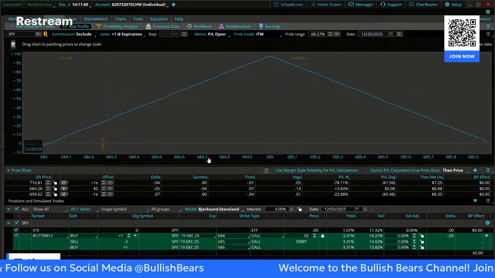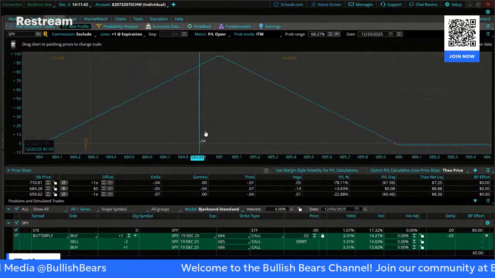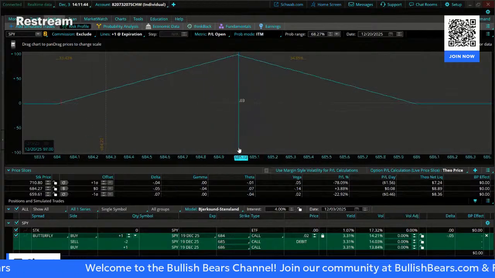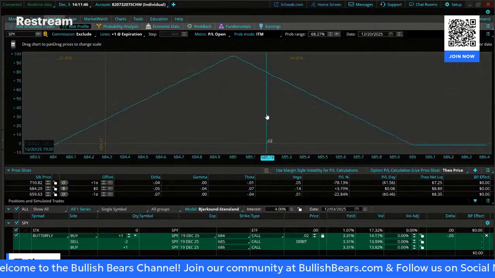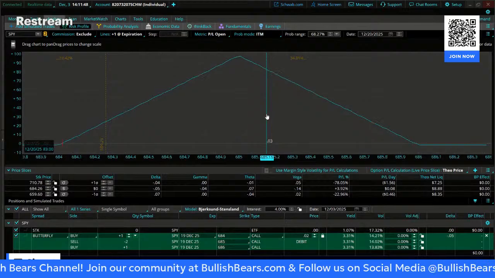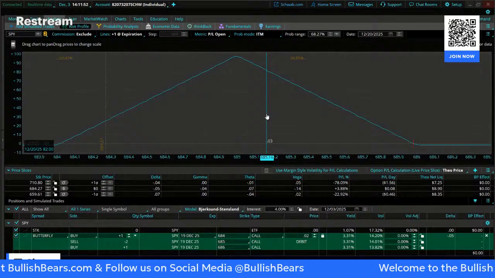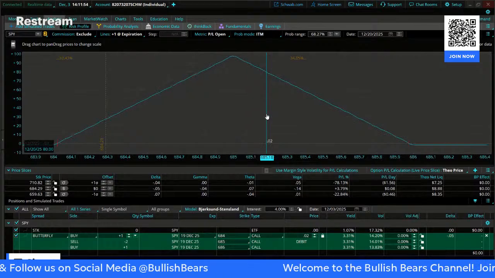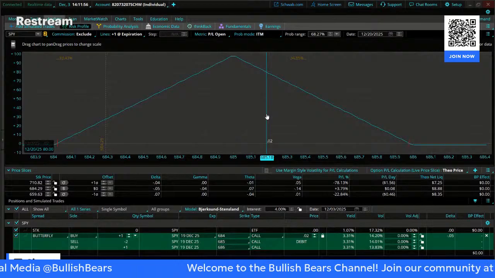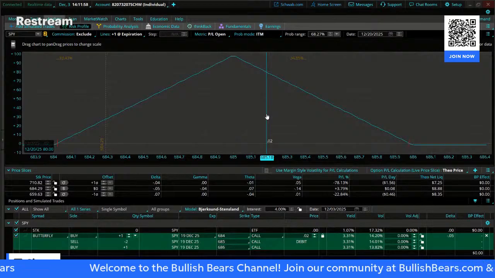If price was to close at 685 at expiration, this trade would make the most amount of money. But there's a couple of issues with that scenario. One, if the trade does not have long to live when you start the trade, and by long to live, I mean less than 7 days.